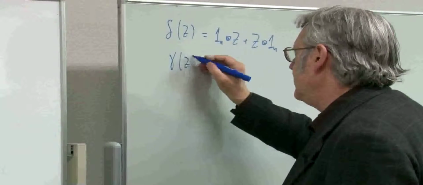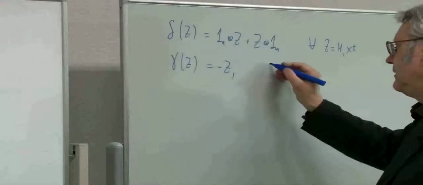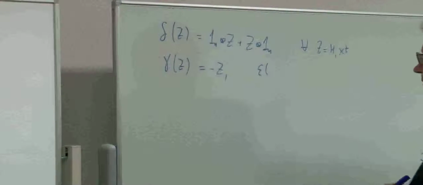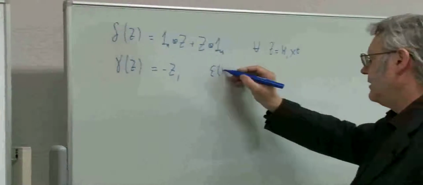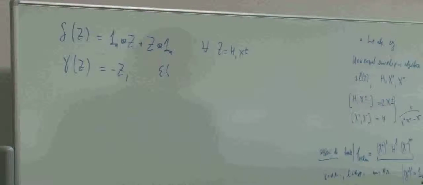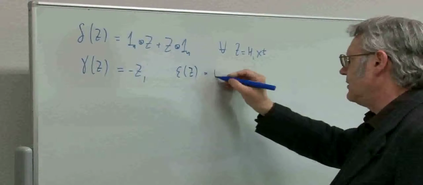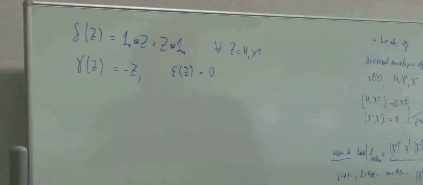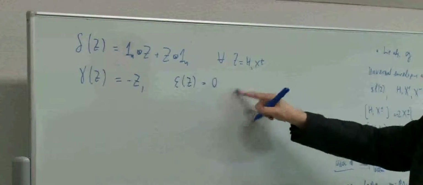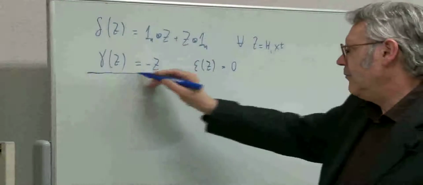Gamma of z will be equal to minus z. The only non-trivial point is about the epsilon. The epsilon of everybody is also trivial, and the only non-trivial is, of course, epsilon of 1.